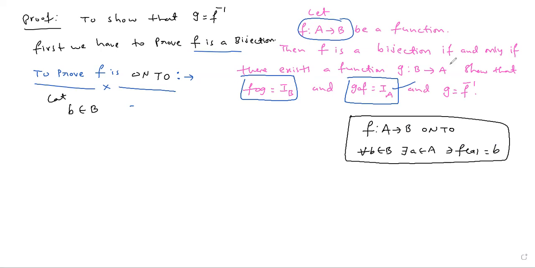See, in another theorem it was said that G from B to A is also a function. Let's use that. G from B to A is a function, given. So you can write G of b is a.